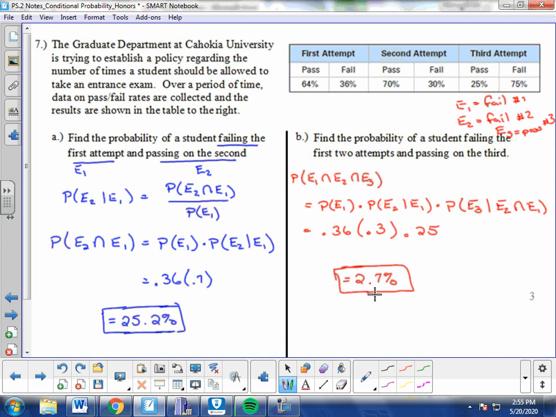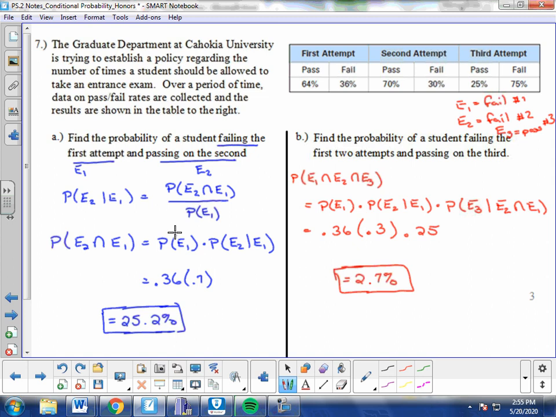But then only 2.7% of people that they admit failed it the first time, the second time, and then passed on the third attempt. So here we have again an extension of the dependent event formula that we were given, and how this relates to solving for different pieces in that formula.